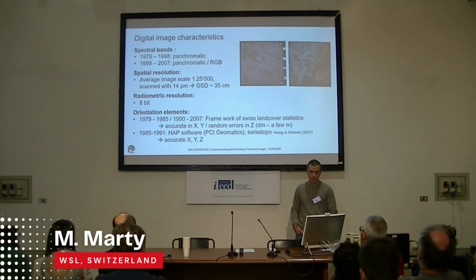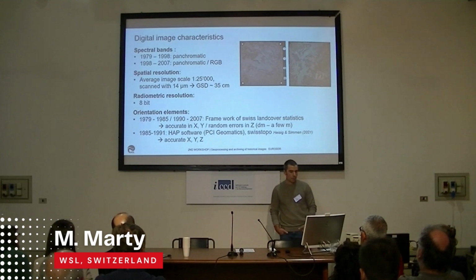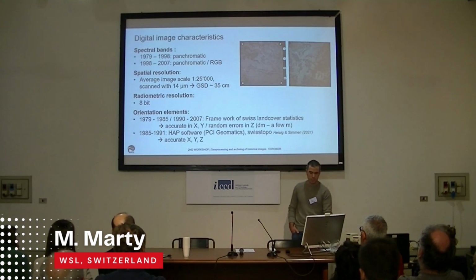So these errors are in the range of decimeters to a few meters. And then the second acquisition was just recently oriented with the HAP software. This was done by Holger Heisig from Swiss Topo, and these images seem to be really accurate in X, Y, and Z.